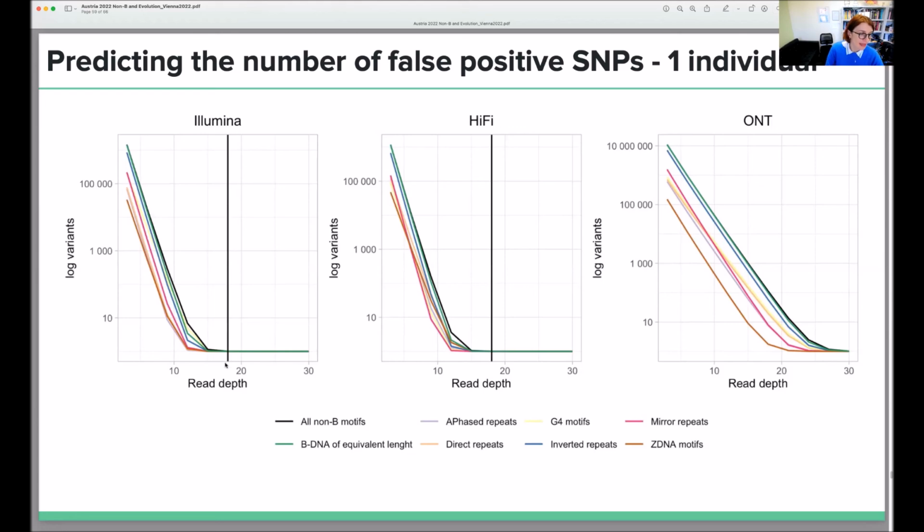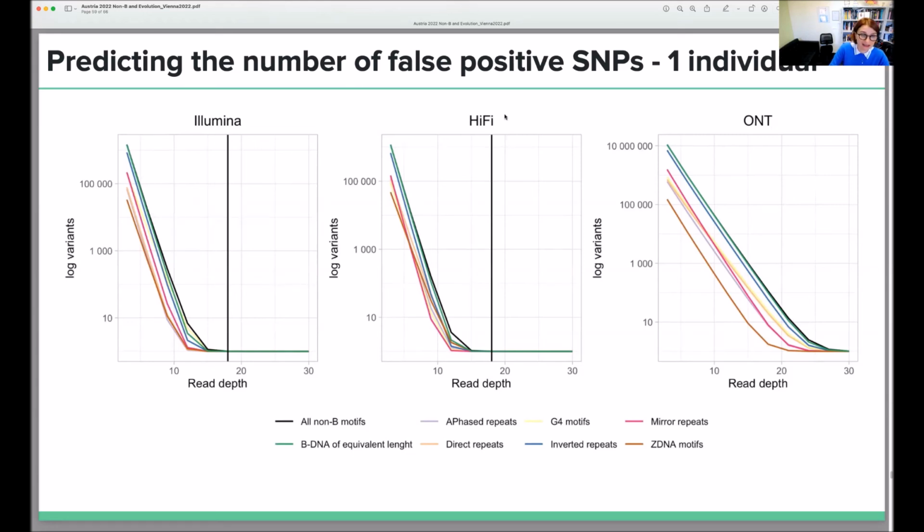However, at read depth of about 17x or so, these concerns are largely alleviated. So mostly the problem is when you are at the low depth of sequencing. And this is the case of ancient DNA and studies like this.